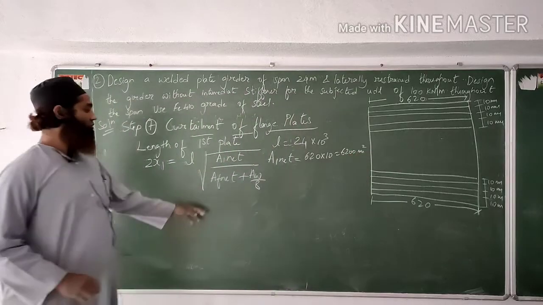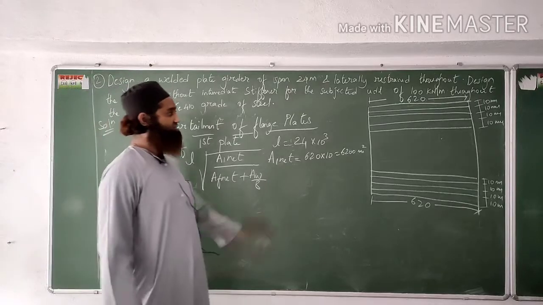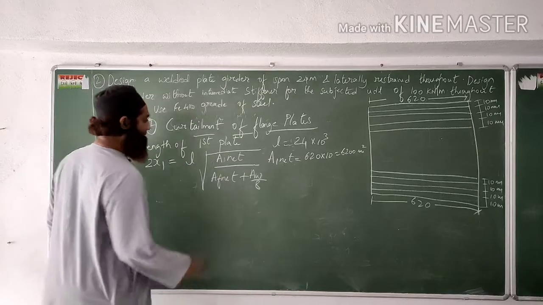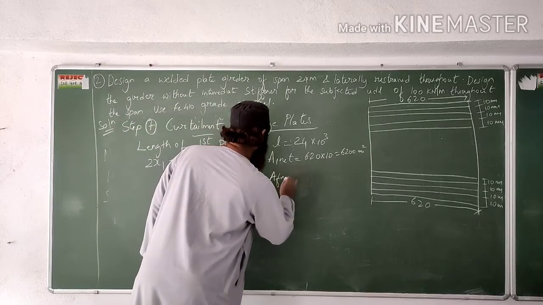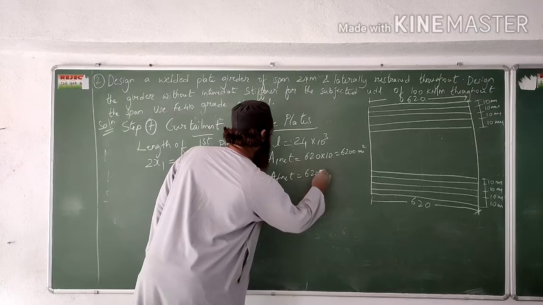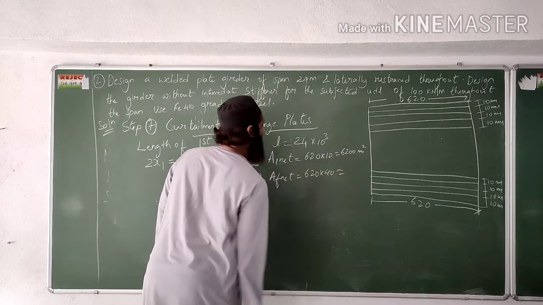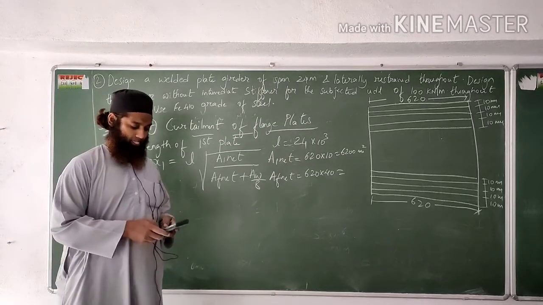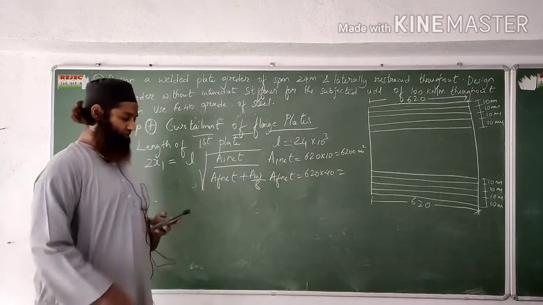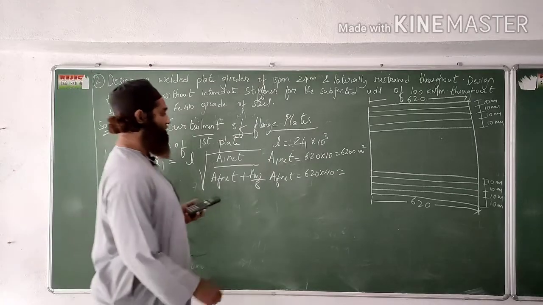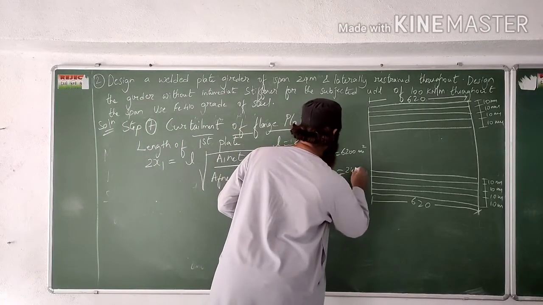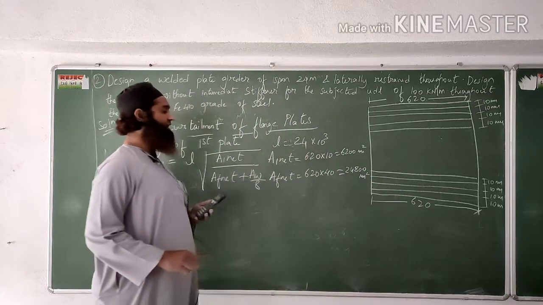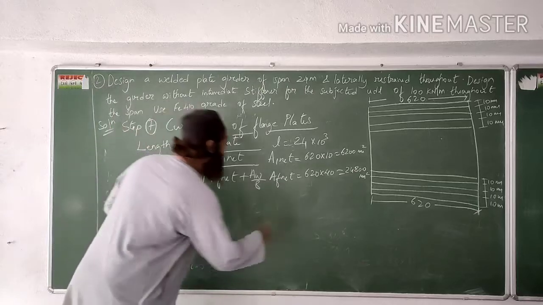Now what is AF net? AF net is the whole area of the flange plate, that is 620 into 40. Please calculate this, 620 into 40, that is around 24800. Now AW by 8, that is area of web by 8.